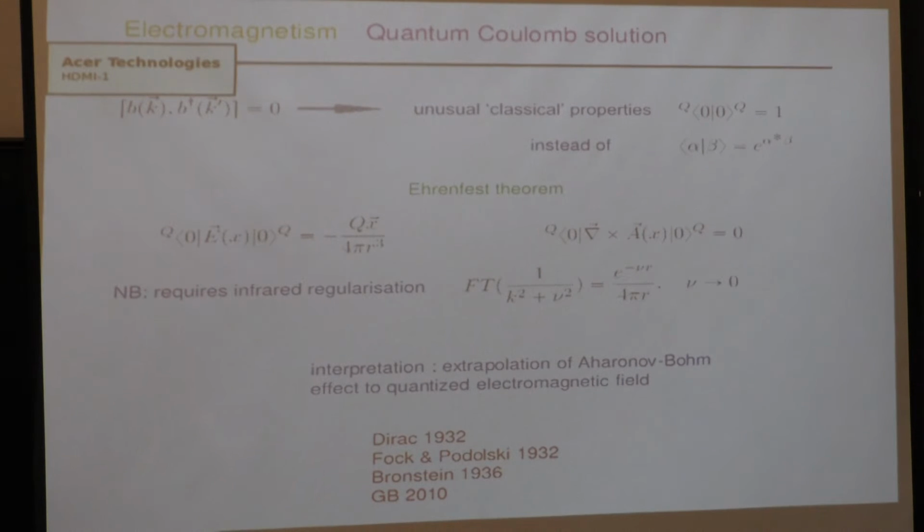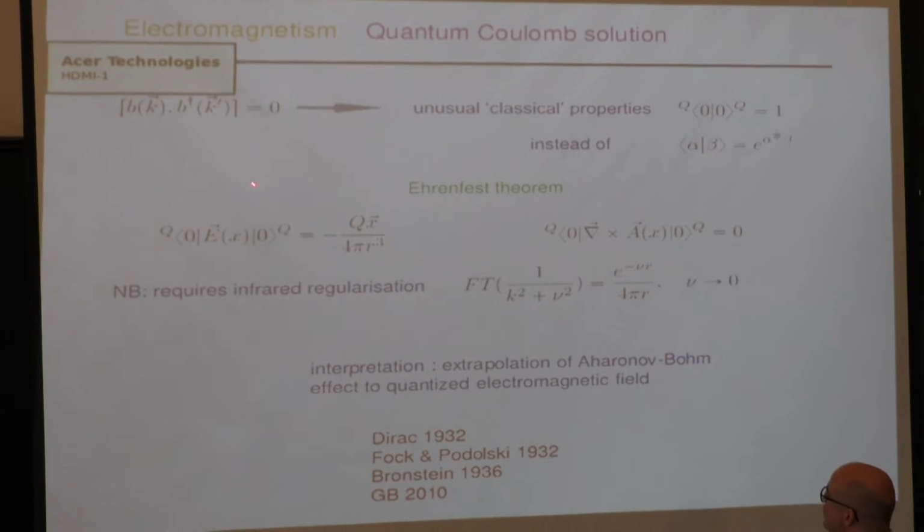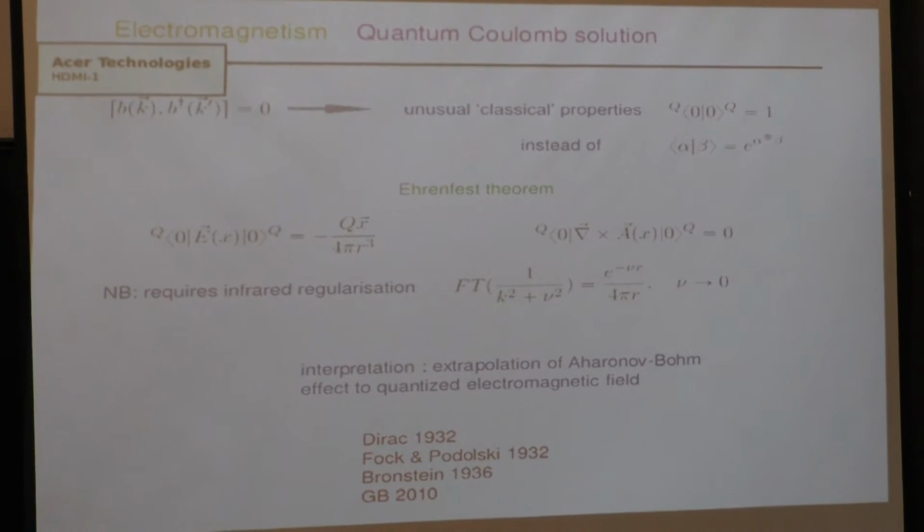And so the claim is that this coherent state of null photons is really the quantum state that corresponds to the Coulomb solution, and the way you test that is you put the electric field in this expectation value, and you check that it gives exactly the right radial, longitudinal electric field that you are expecting.